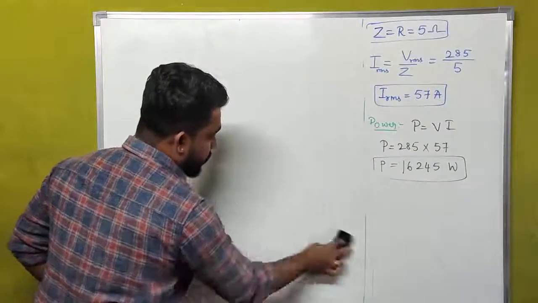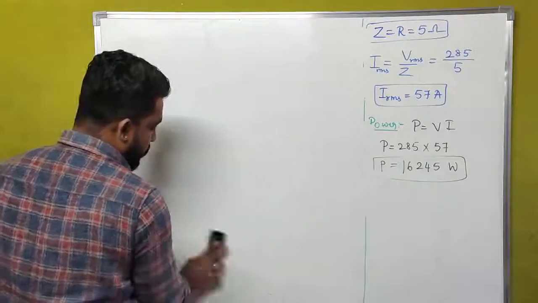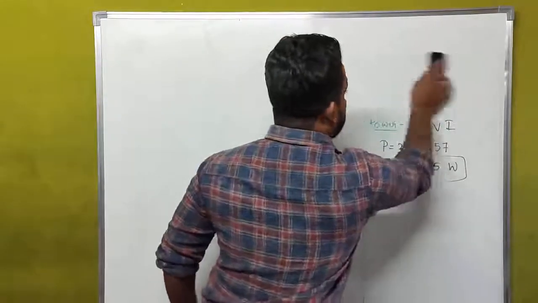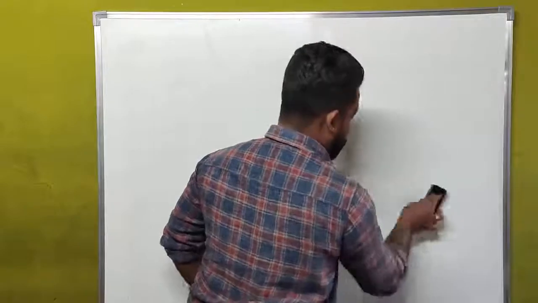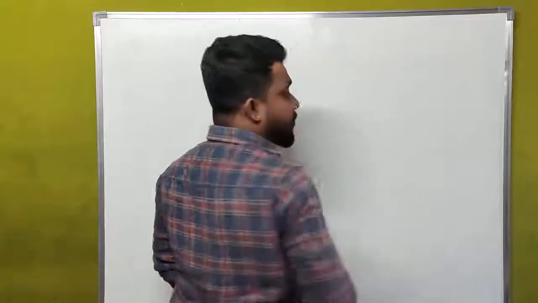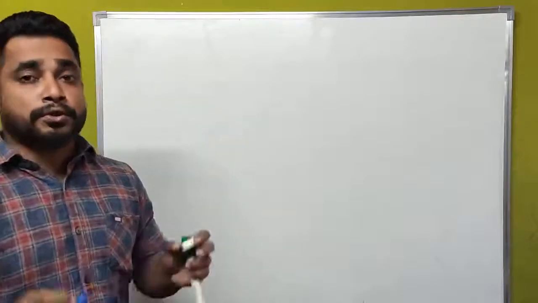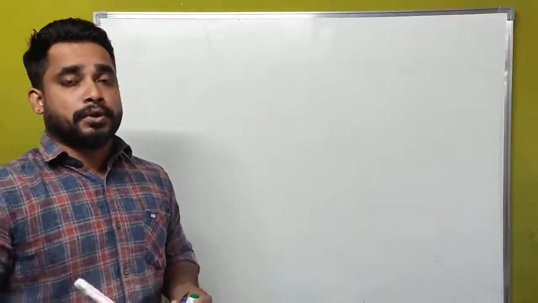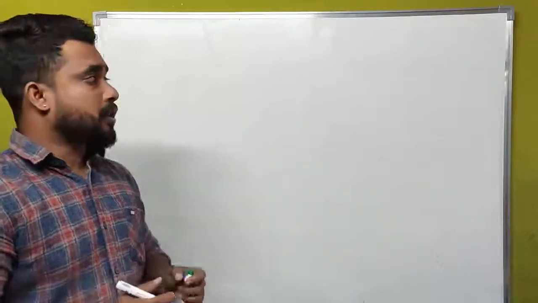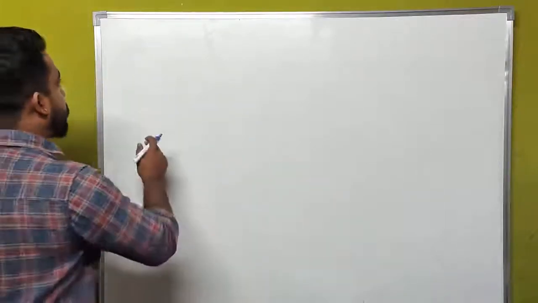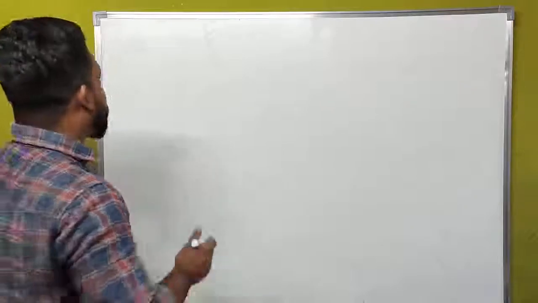Before going to that, we should recall our formulas. Before solving any problem, we should recall all the formulas related to that expression. First, we can write the constants of the given thing.